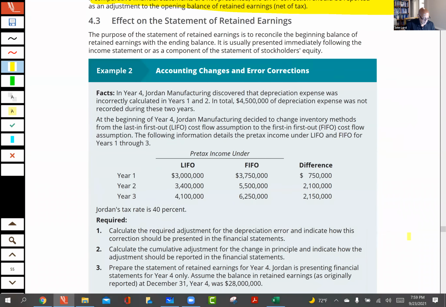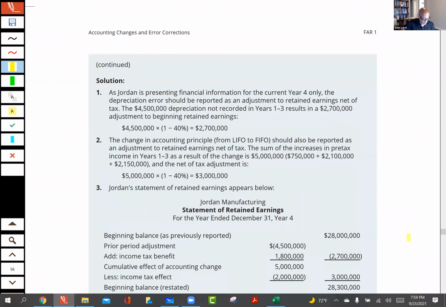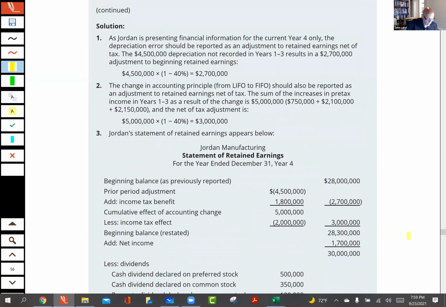And guys, you don't have to look at that exhausting example. All I want you to look at is where you're going to report these cumulative effect adjustments. Okay, so we have what? We have the prior period adjustment. We have the cumulative effect adjustment. Okay, and notice, guys, they first report them and then they are reminding you.